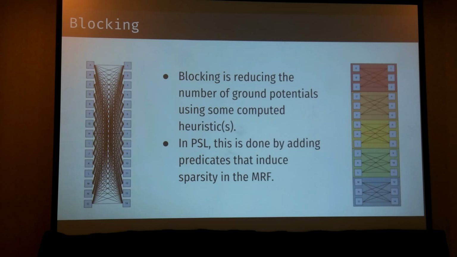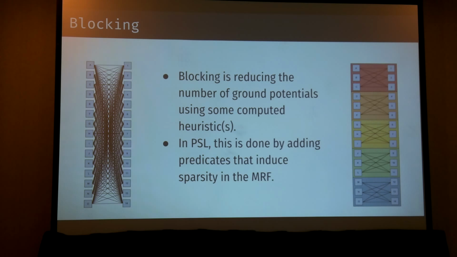If we had some sort of squared relationship between the left side and the right side in this bipartite graph, then computing the full cross product would give us the graph on the left, with a huge number of edges. But if we can somehow block, taking these references and putting them all in a little bucket, then instead of computing the cross product between all references, I'm only going to compute the cross product between everything inside that bucket.